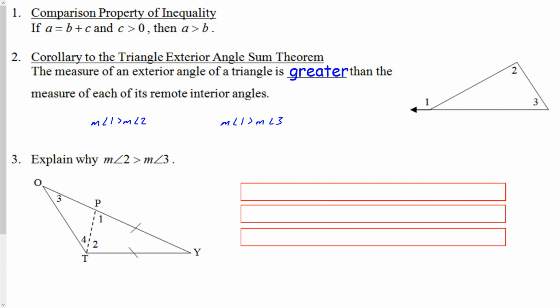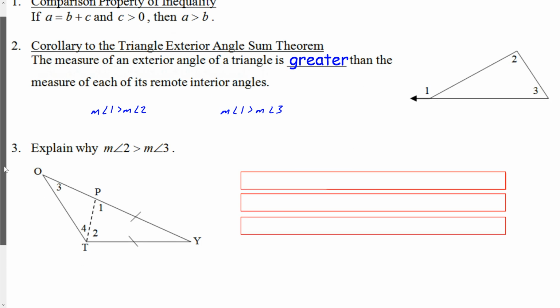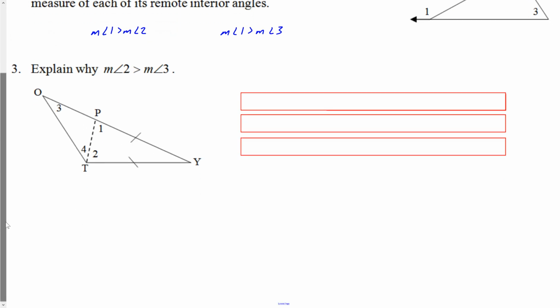So using this corollary, this comparison property of inequality, and other properties that we've looked at in the past, we need to explain why the measure of angle 2 is greater than the measure of angle 3 in our diagram here in number 3. Now, we can't just say the measure of angle 2 is greater than the measure of angle 3 right away, because angle 2 is not an exterior angle of triangle TOP.